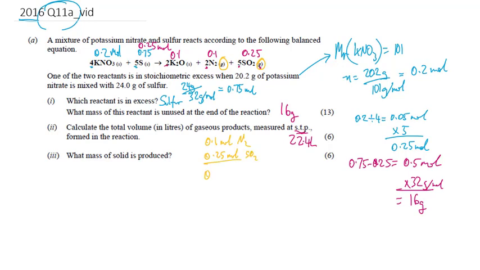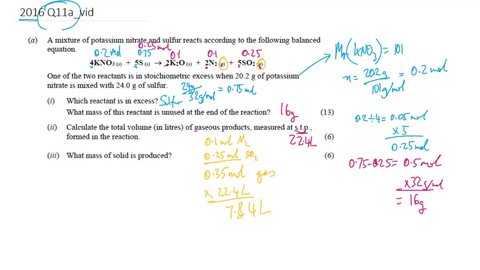Add them up, and that's 0.35 moles of gas. And we know that 1 mole at STP occupies 22.4 litres. So what does 0.35 mole occupy? Well, we simply multiply by 22.4 litres: 7.84 litres.